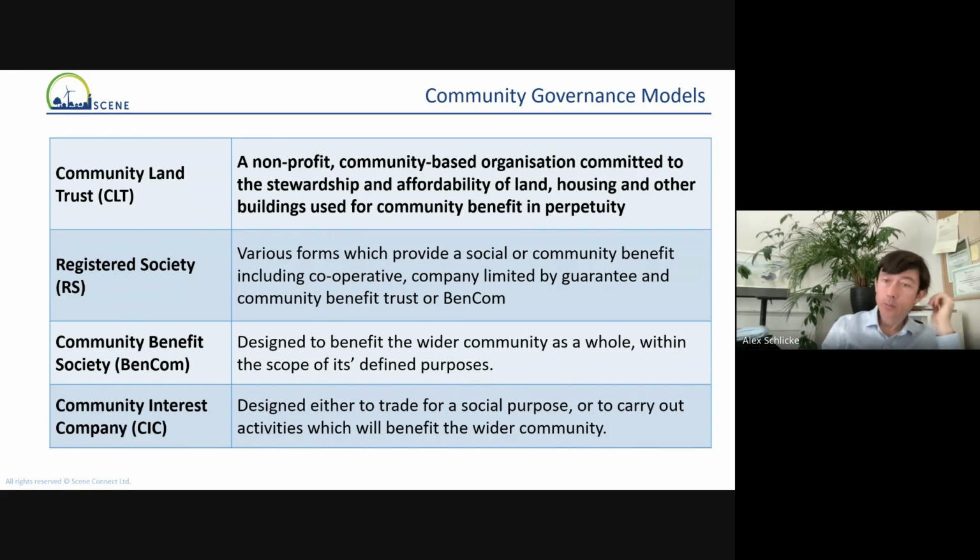So I don't really want to get in. I mean, there are and there aren't. Part of the reason there are a number of different governance structures is because there are benefits and disbenefits to each one.